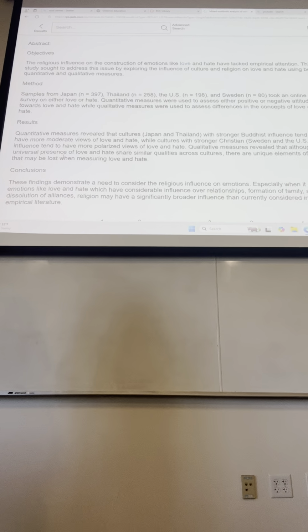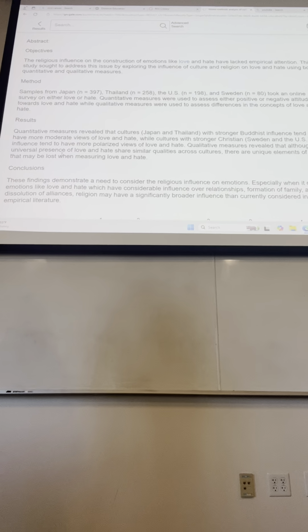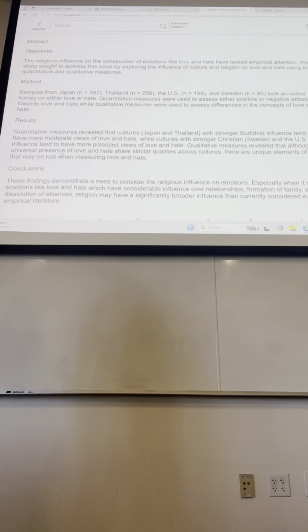Buddhism preaches a collective culture where the greater good of the community takes priority over the needs of the individual. While it's more polarized in Sweden and the U.S. because Christianity has a more individualistic aspect to it, where the needs of the individual come first before the greater good.